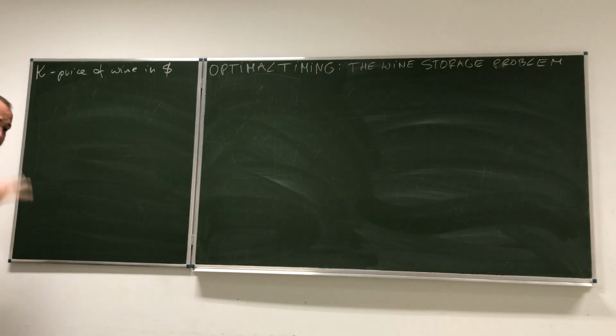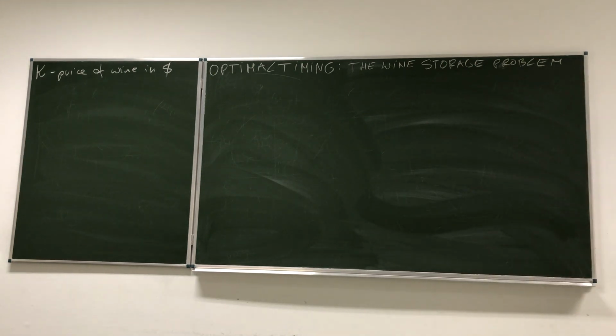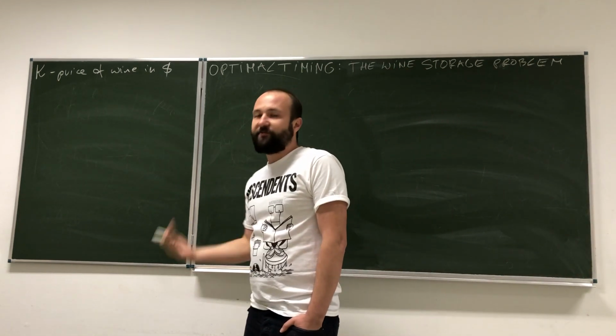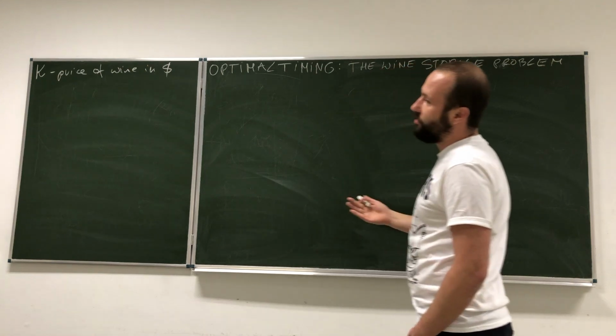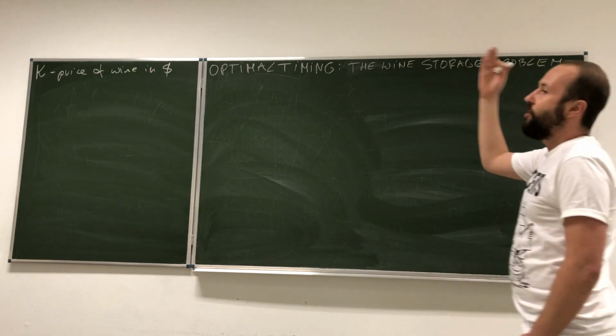But look, you do not buy this wine to enjoy its taste. You purchase this case of wine as an investment because you know the value of this particular wine is going to be growing over time.